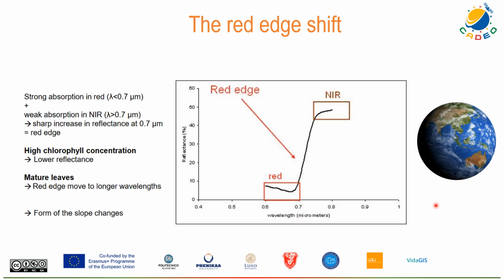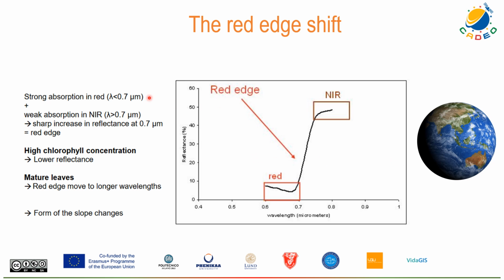And what we use mostly is the red edge shift, the difference between the absorption in the red part of the spectrum and the reflectance in the near infrared part of the spectrum. Just after the red wavelength, the curve will increase here, and more of the radiation will be reflected.